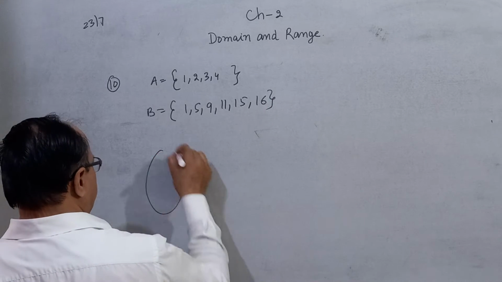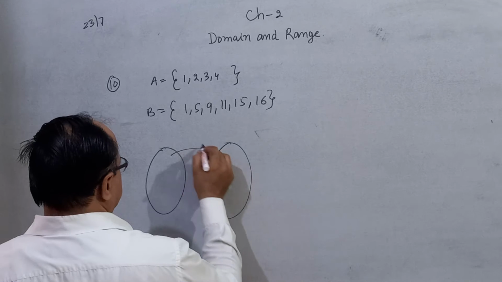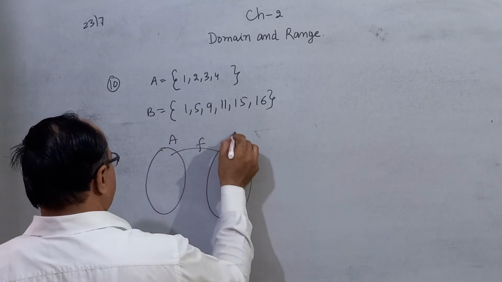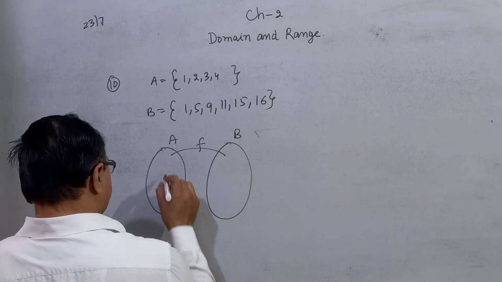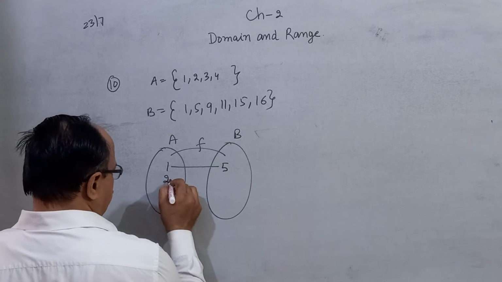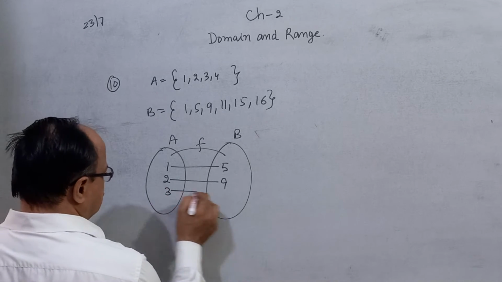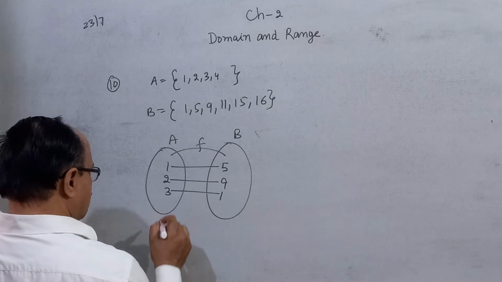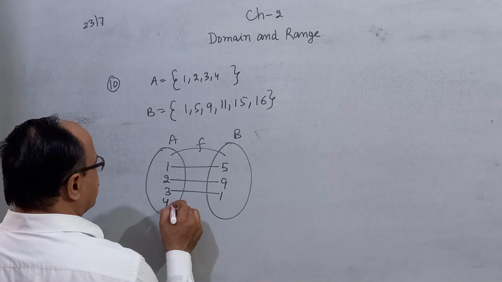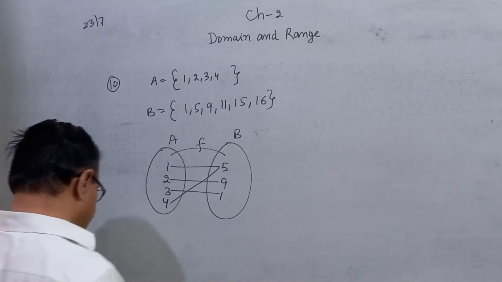And a function from A to B: image of 1 is 5, image of 2 is 9, image of 3 is 1, image of 4 is 5.